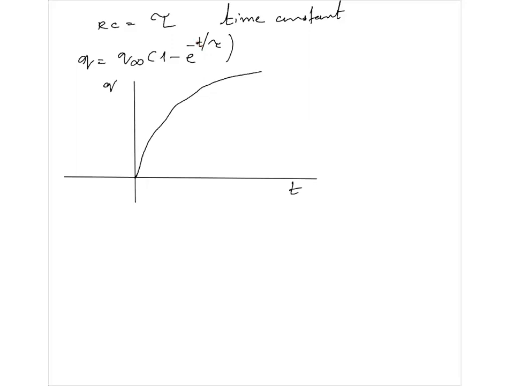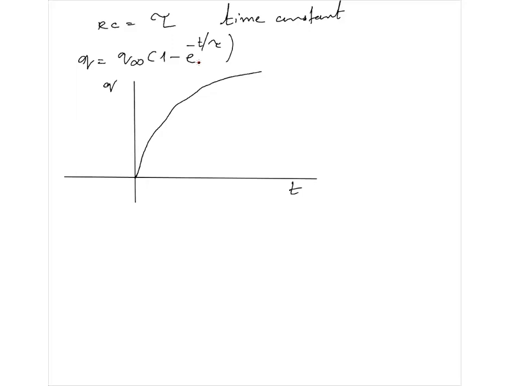If you put t equal to tau, then you find that at that time tau, Q becomes Q max (1 minus 1 upon e). And when you calculate that, you find that it becomes 63%.